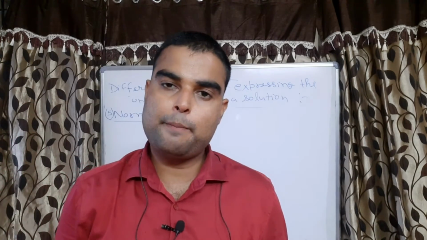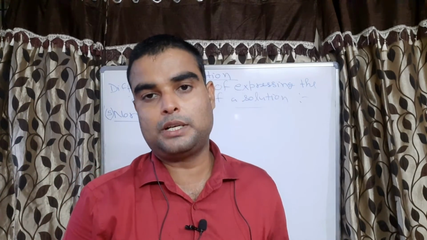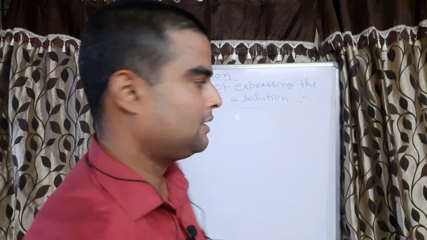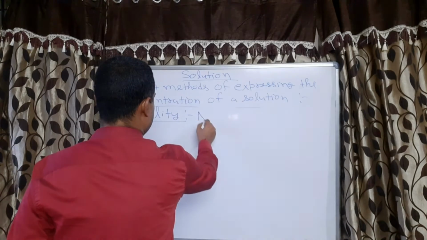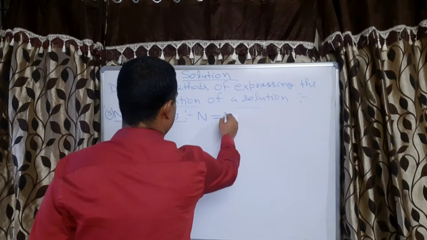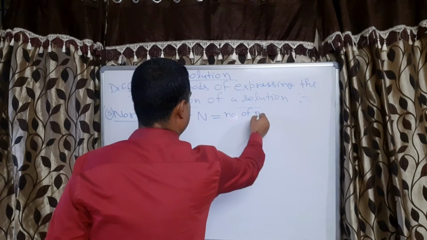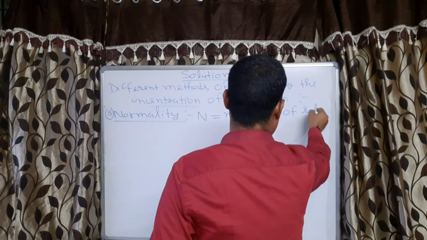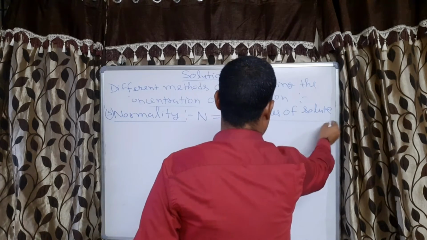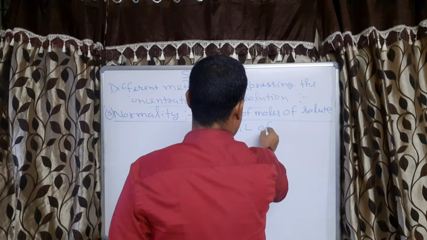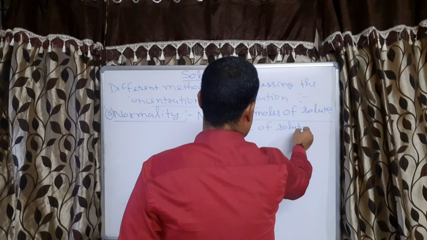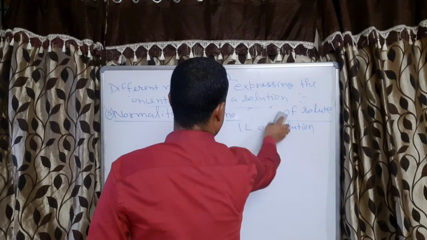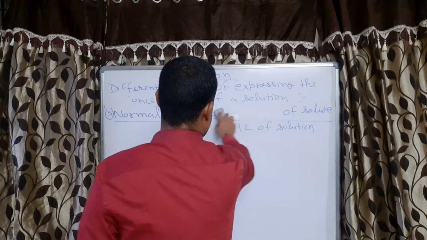It is the number of gram equivalent of the solute present in 1 liter of the solution, and it is represented by the N. So N will be equal to number of moles of solute present in 1 liter of solution. Now, sorry, not number of moles, number of gram equivalents.